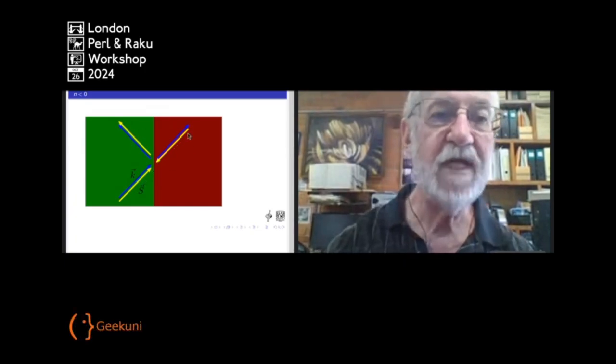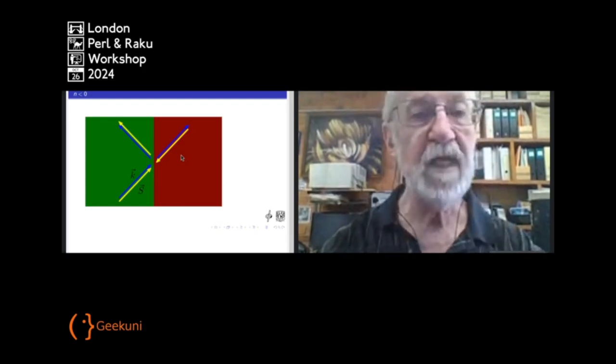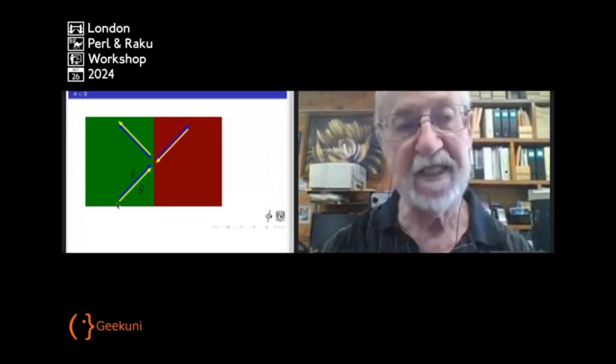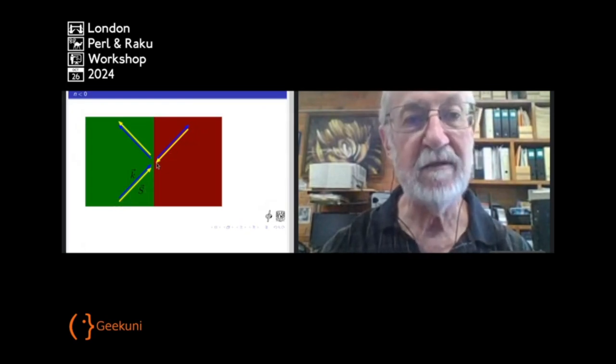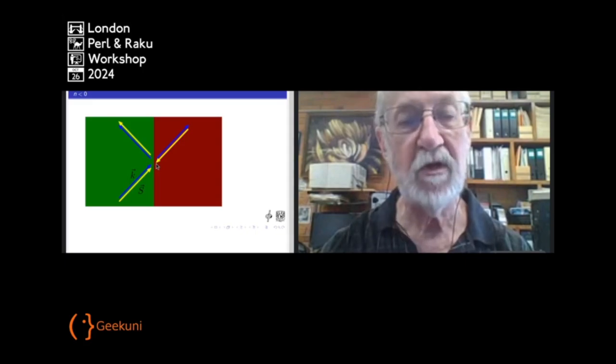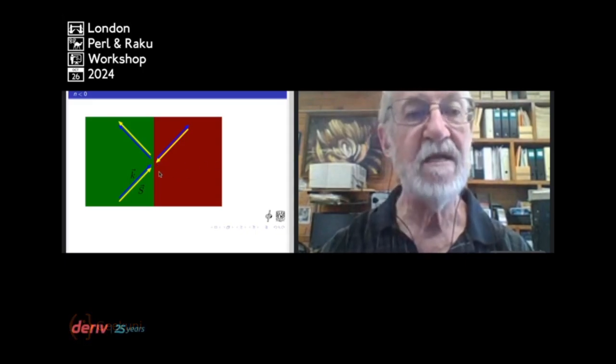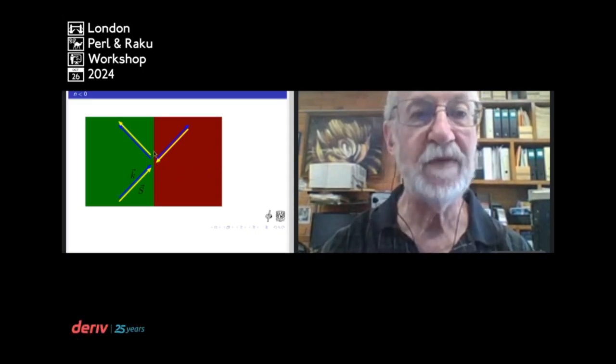Now, this picture is completely wrong because if I shine, for example, light from left towards the right, then the transmitted energy must go away from the interface. So it must be moving right, not moving left.